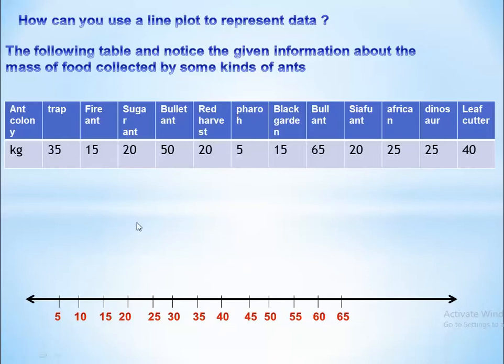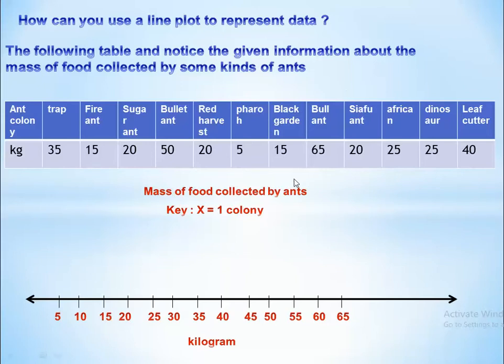Here we have the title, mass of food collected by ant. Every X or every plot represents one colony. Here this is the weight in kilograms.